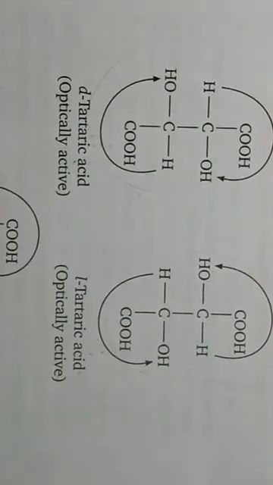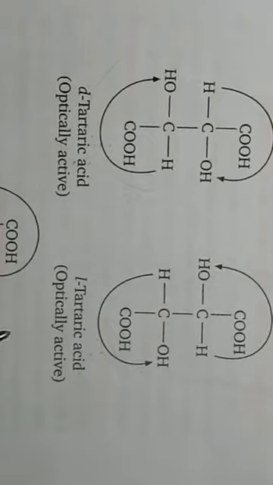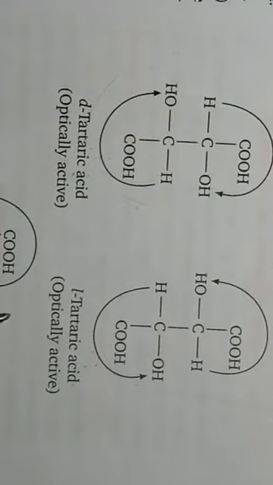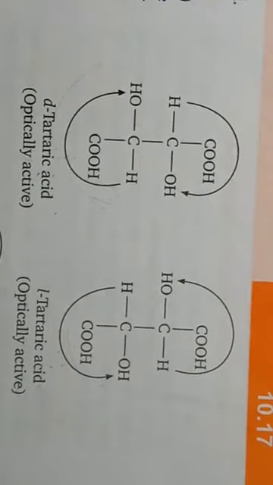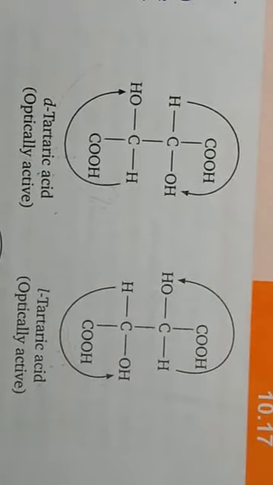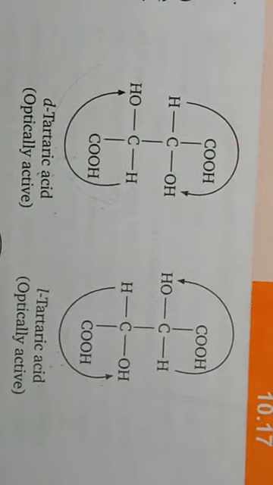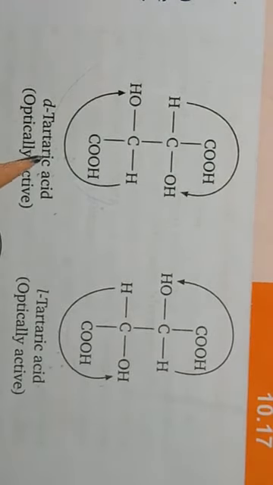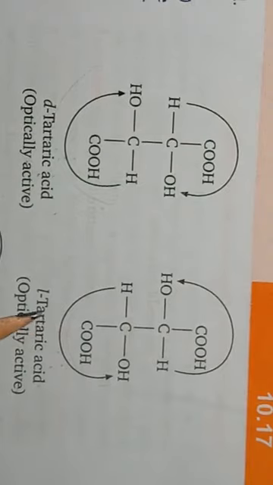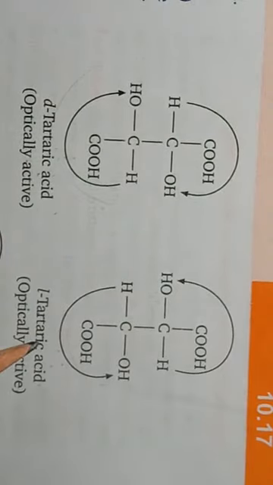This phenomenon is known as external compensation. So formation of a racemic mixture by mixing equal amounts of 2 different optically active forms of the same compound is known as external compensation.